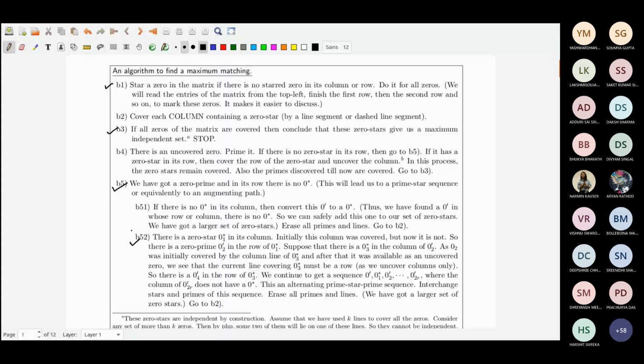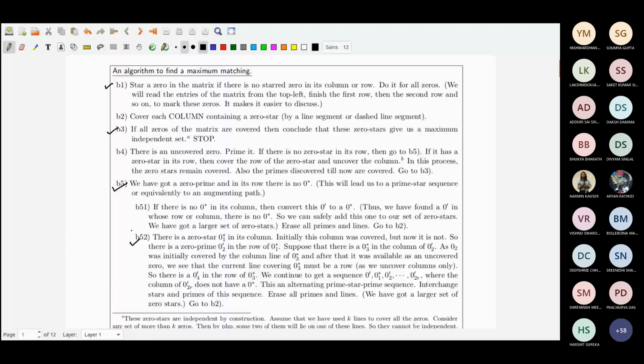you cannot keep on discovering 0 primes which will have a 0 star in its row. That will not happen more than the number of 0 stars that you have. So it will not happen. So it is bound to give you a 0 prime that does not have a 0 star in its row.